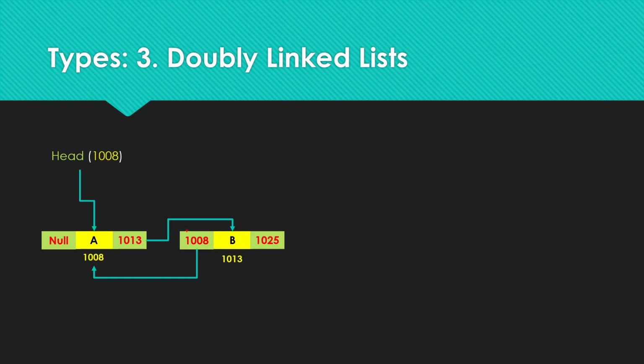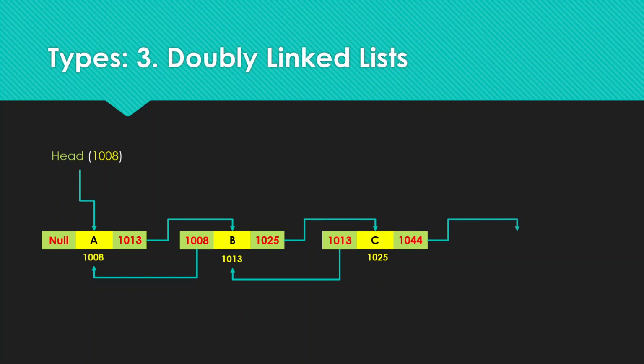So you can see that this 1008 is actually the address of this node A here. If I go on, you can see that this node is also pointing to the previous node as well as pointing to the next node. So this is what we call a doubly linked list.